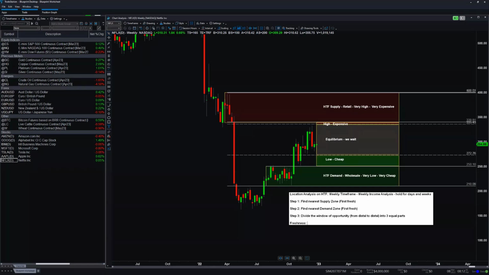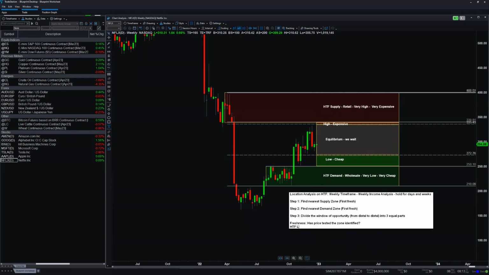freshness, what you're asking is, has price tested the zone identified? If price has tested the zone that we identified, if price already pierced into this, that's generally not fresh anymore.